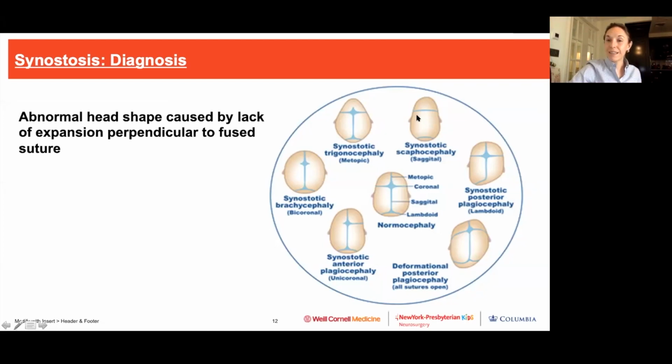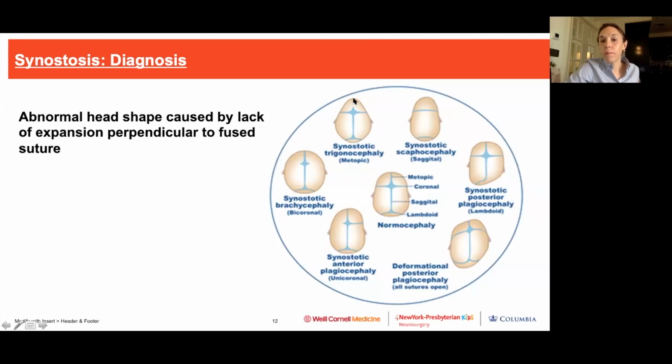So because you're missing your sagittal suture, the brain can't grow and the skull can't grow in this direction, which we call the biparietal direction, which narrows the skull. It holds it in a narrow position. And then the brain is looking for room to grow. And so it uses the sutures it has. It's going to use the coronal sutures, and you'll get frontal bossing because the brain's going to push those forward. And you're going to use the lambdoid sutures, pushing the occiput backwards. And so that gives you that resultant elongated, boat-shaped, scaphocephalic skull.